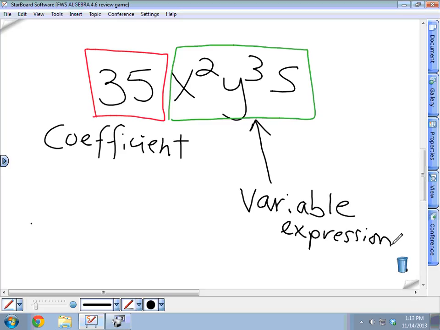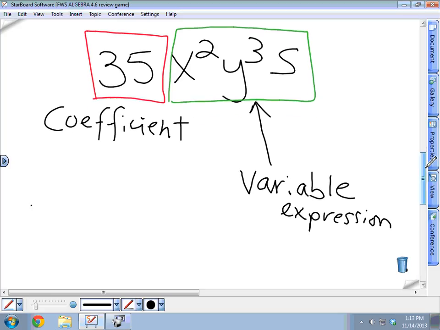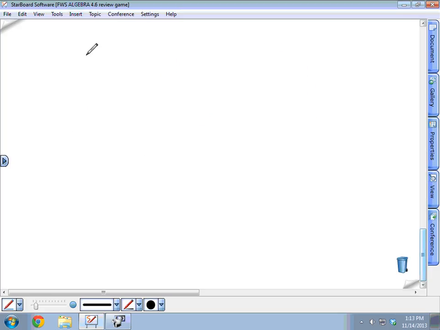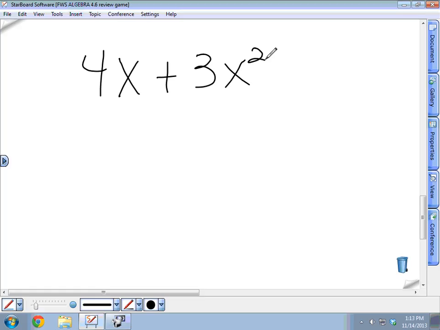And in order to add or subtract monomials, you have to have like terms, meaning exactly the same variable expressions. So, Jared, what is 4x plus 3x squared? Who thinks it's 7x squared? Raise your hand. What do you think it is, Austin?